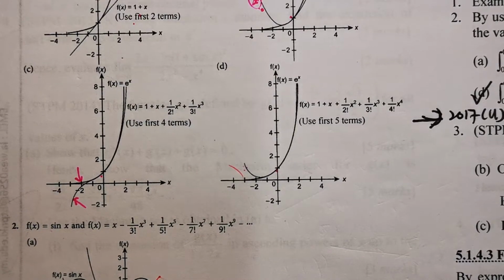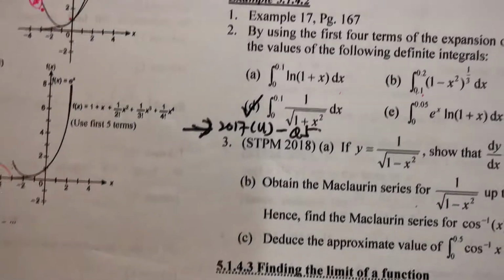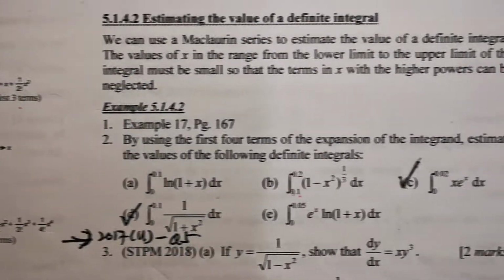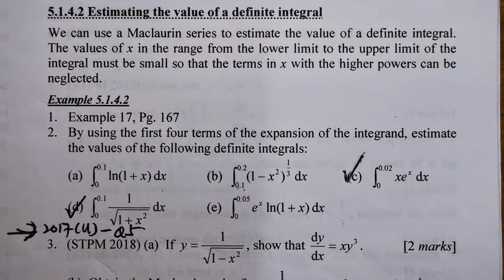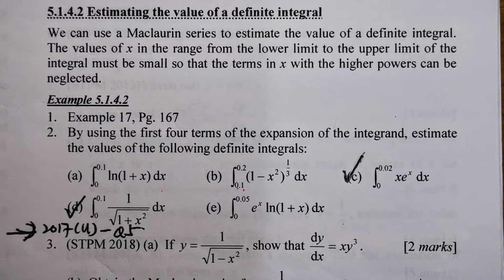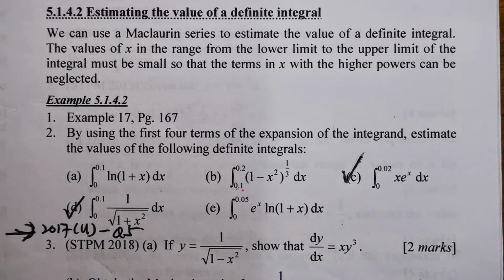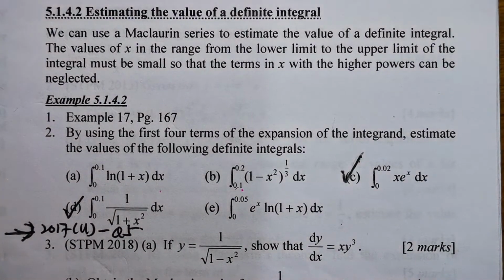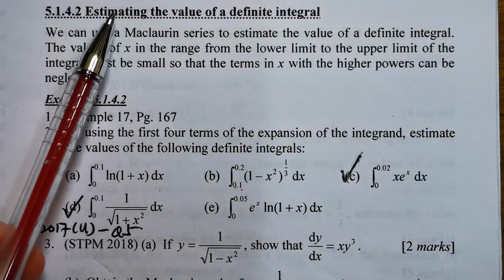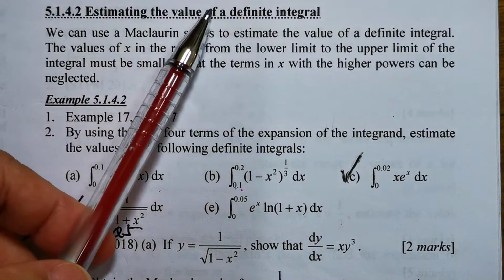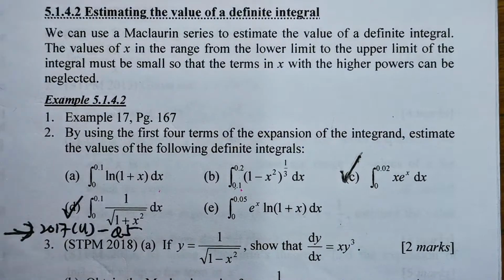Now we see how we are going to apply this. Today we are going to discuss how we can use the Maclaurin series to estimate the value of a definite integral.